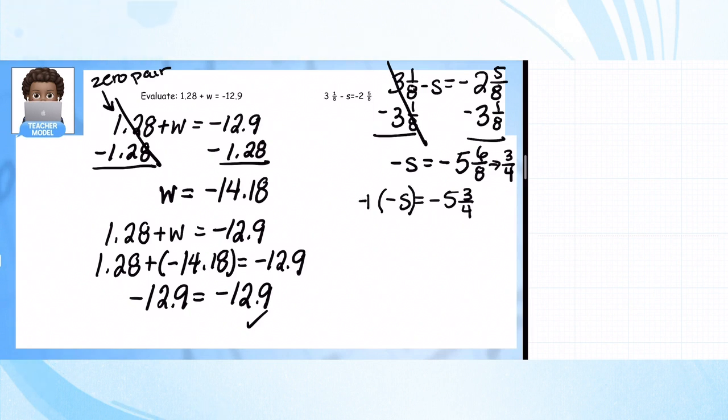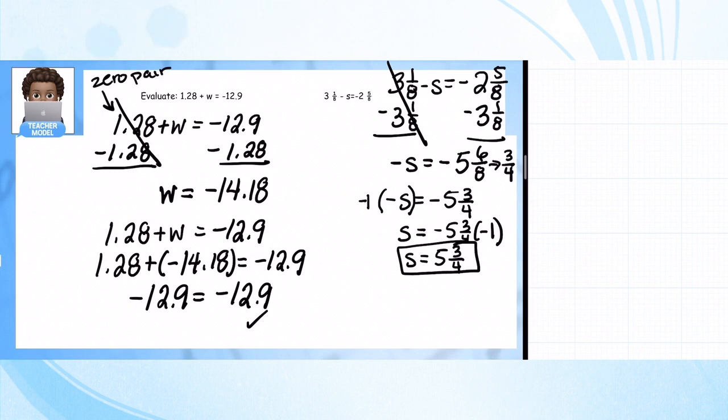Okay, so -1 times -s, a negative times a negative gives us a positive. And I'm going to do the same thing to the other side. I'm going to multiply by -1. And when I do that, I'm going to get s is equal to +5 3/4.